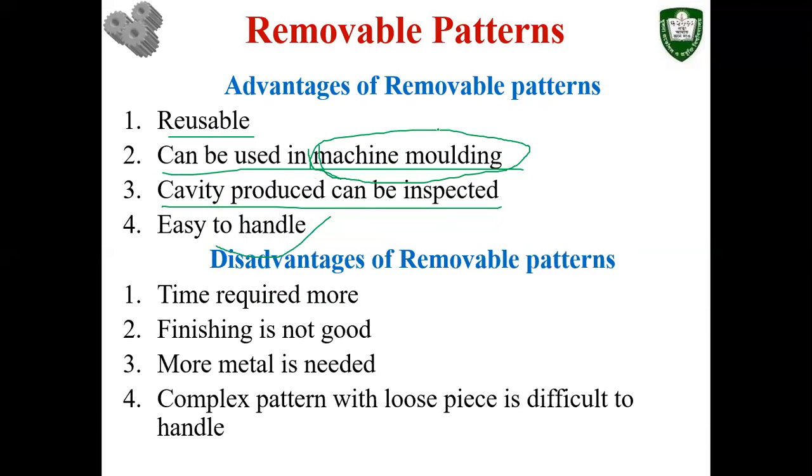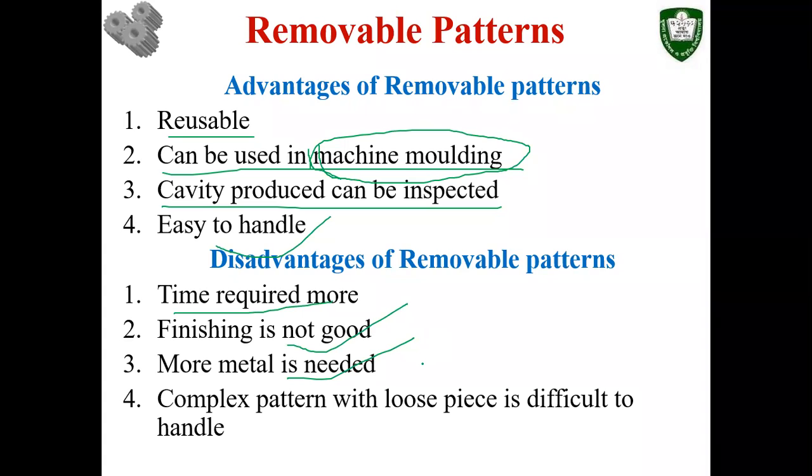The disadvantages of removable patterns include more time required, because you need to take the pattern out and place it again, and you need to cut the gates and pouring basins and all other things. In the case of disposable patterns, you don't need to do that. The finishing is not good. More metal is needed for casting compared to the disposable pattern.